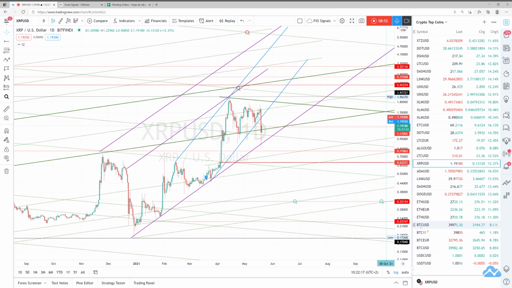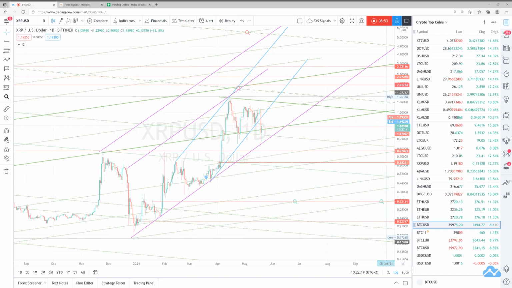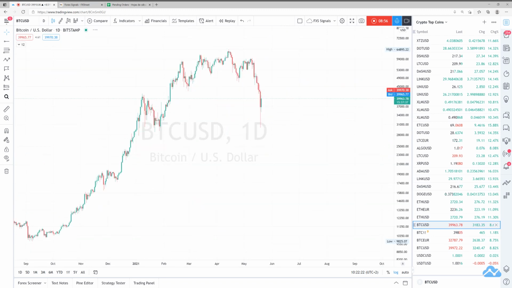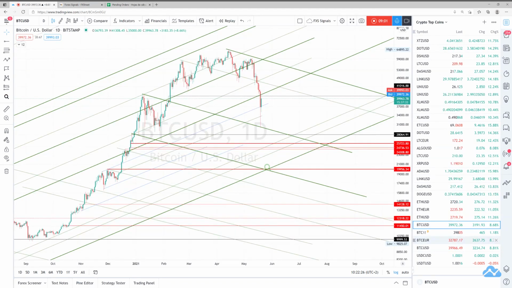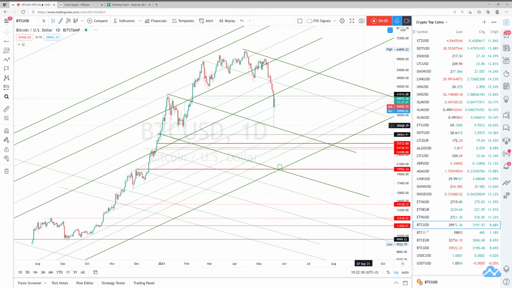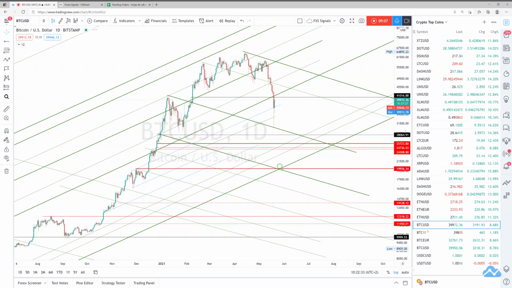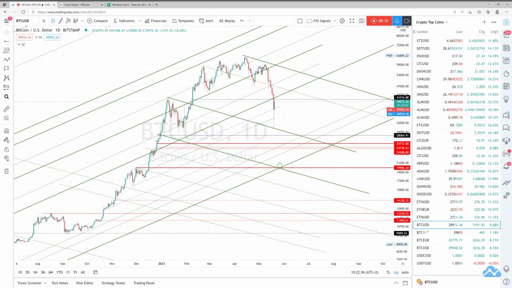And in case of crypto, the recommendation here is to use logarithmic charts, so we can better understand how the moves percentually fit into the bigger picture.